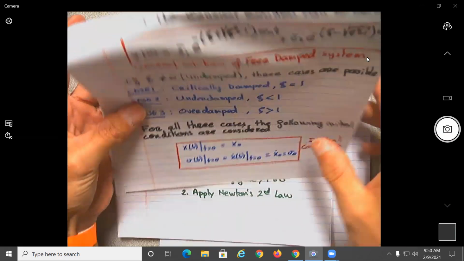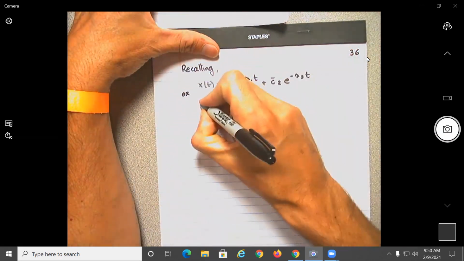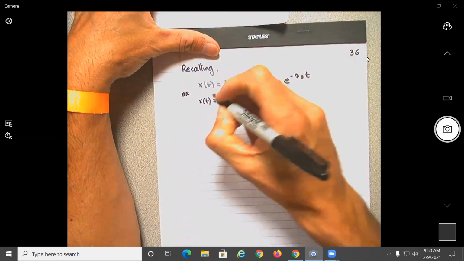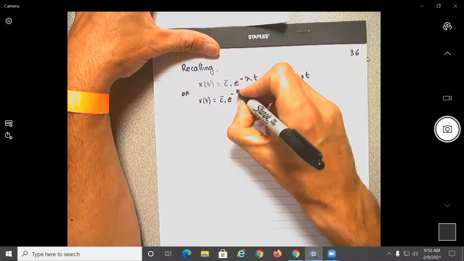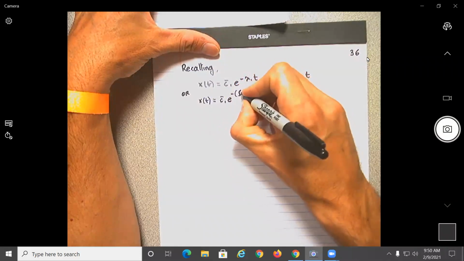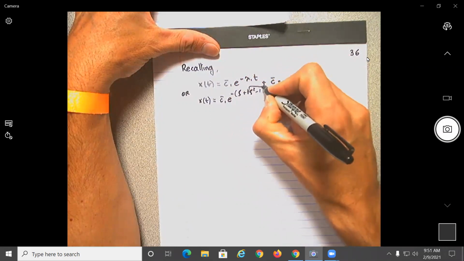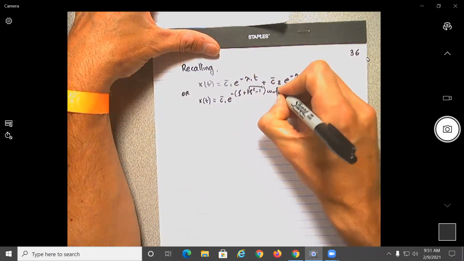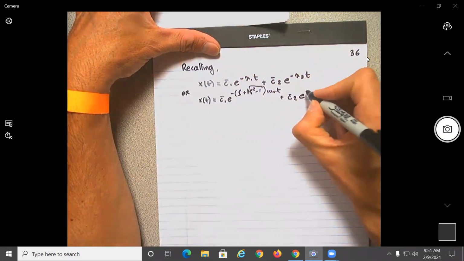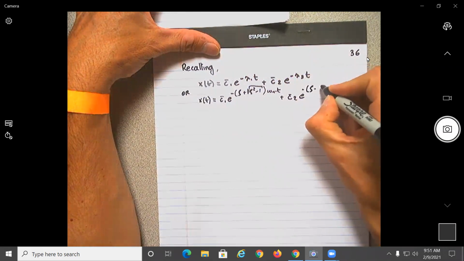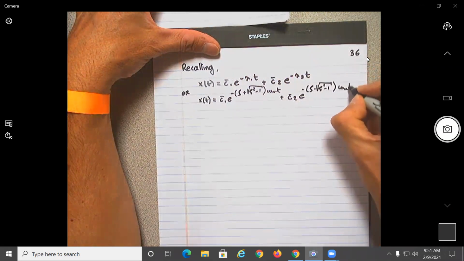And then we do the three different cases. You can write x of t equal to c bar 1 exponential of minus zeta plus the square root of zeta squared minus 1, omega n t, plus c bar 2 exponential of minus zeta minus the square root of zeta squared minus 1, omega n t.